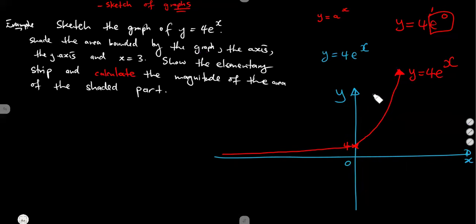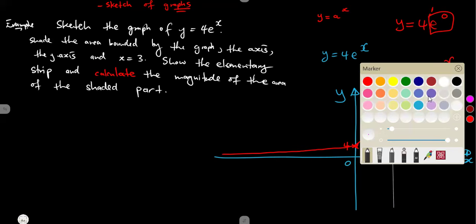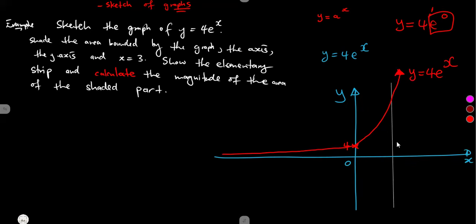So let's say this is where we are having our line of x is equal to 3, something like this. This is the line x is equal to 3, meaning to say, where it crosses the x-axis, x is 3.